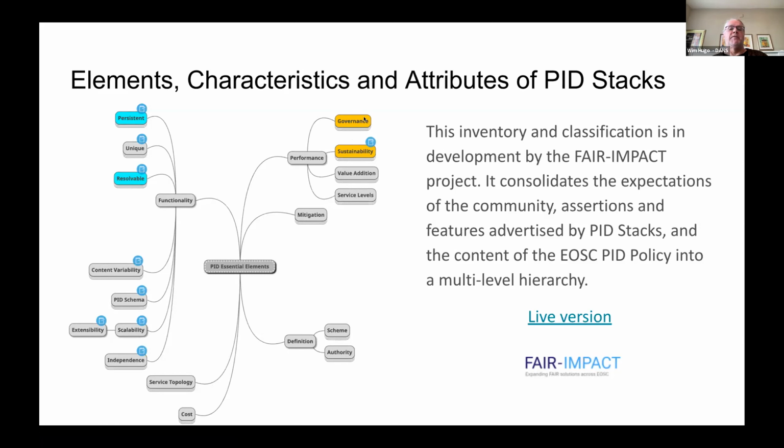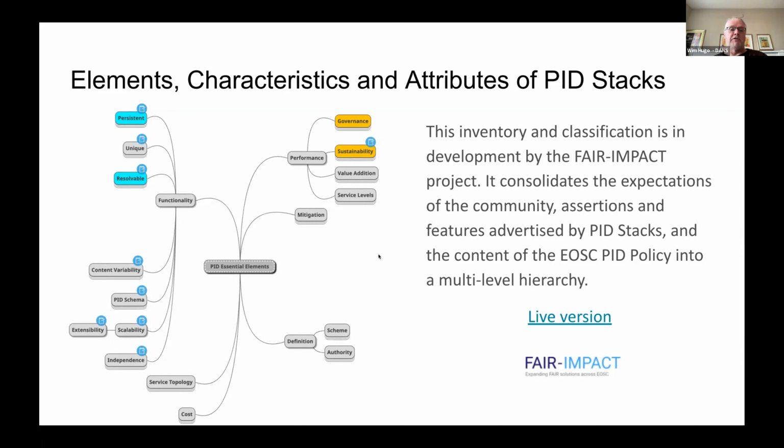And then the ones that are in yellow come from something called POSI, the Principles of Open Scholarly Infrastructure. And that's quite influential, I would say, in defining the expectations of the community from the providers of these open services, such as PID services.